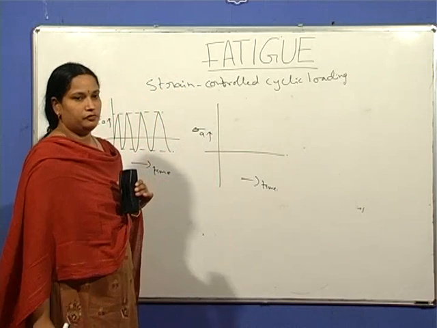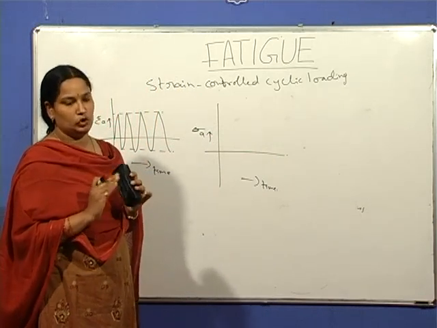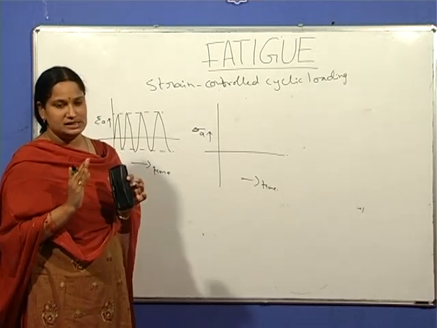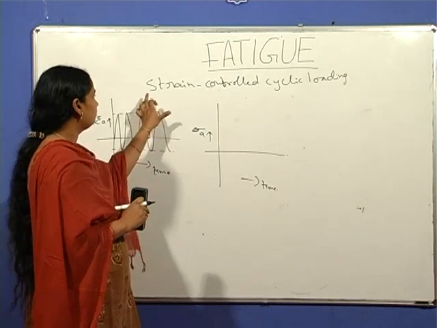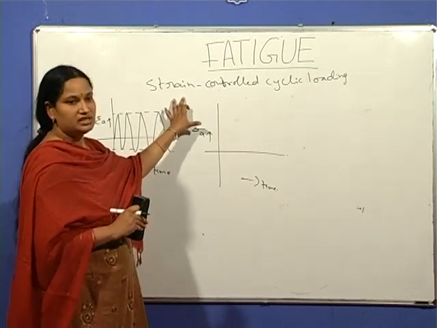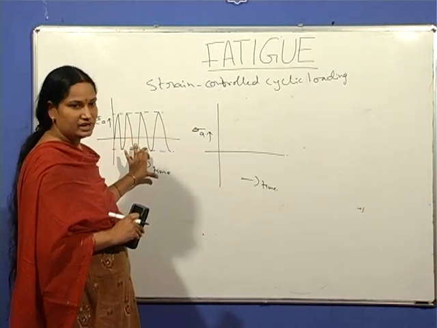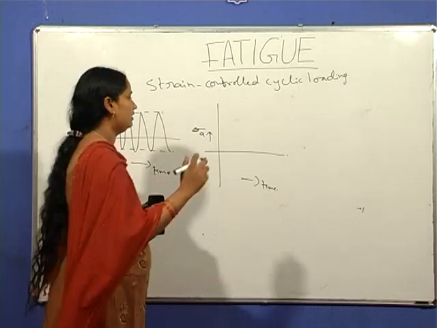For the case of a material which is initially cold worked, that means initially the material is hard, if it is subjected to cyclic loading under constant strain amplitude, then the material will undergo softening.